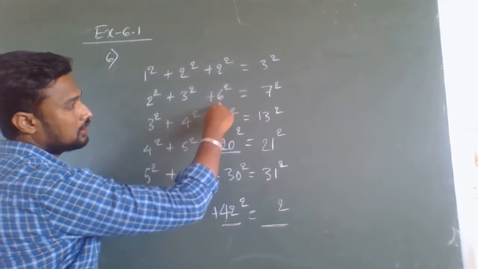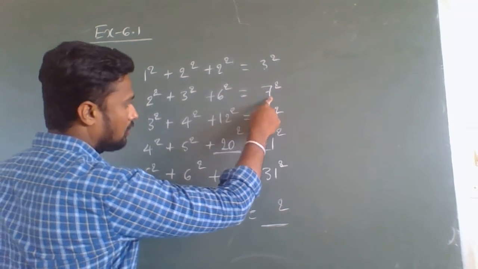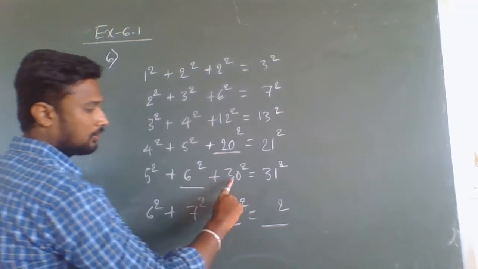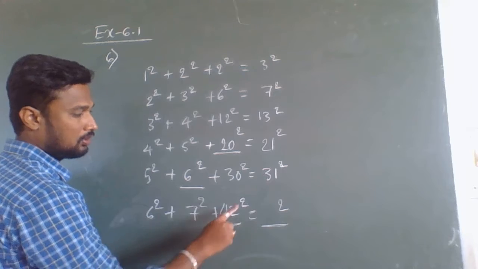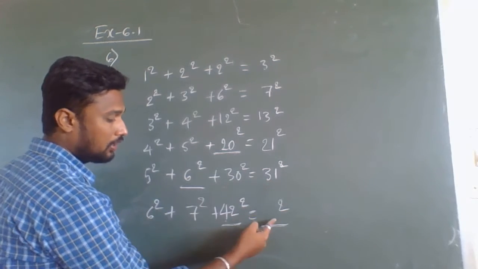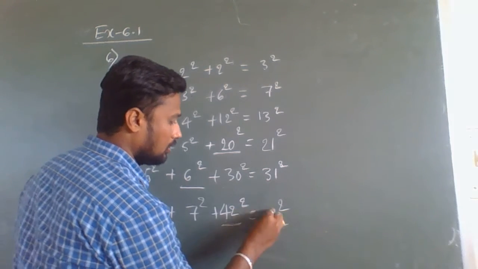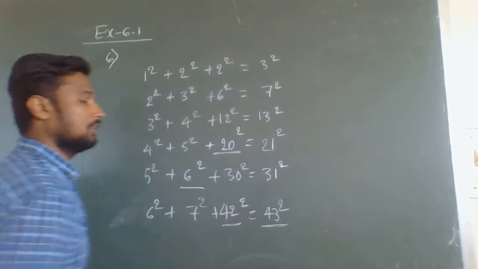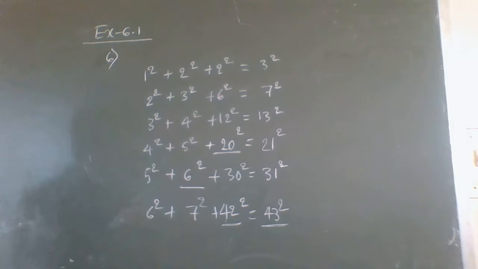Here it is 6, and we got 7. Here it is 12, 13, 20, 21, 30, 31. Like this only. What will we get here? 42 means 1 more than 42, what will we get? 43. This is the answer. Okay. Now I will go to the next question, the 7th one.